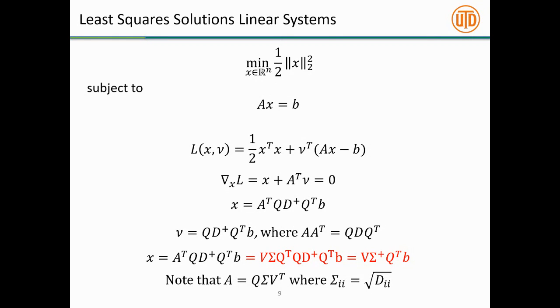So assuming that there was an x such that Ax equals b, the x of smallest 2-norm was given by a somewhat complicated looking formula. So this little formula here in the bottom left, where this D plus matrix was a diagonal matrix whose elements are the inverse of the non-zero elements of the diagonal matrix D.